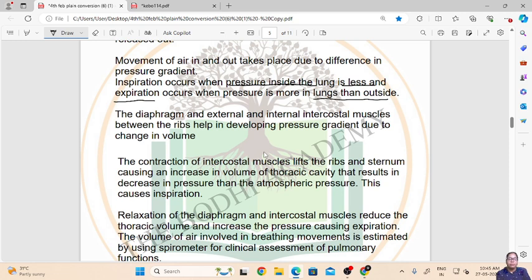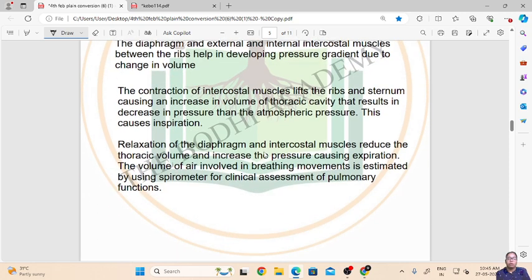This causes inspiration. So this is how inspiration is caused. A relaxation of the diaphragm and the intercostal muscles reduces the thoracic volume and increases the pressure, causing expiration.